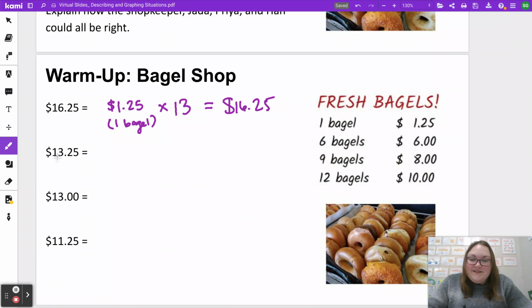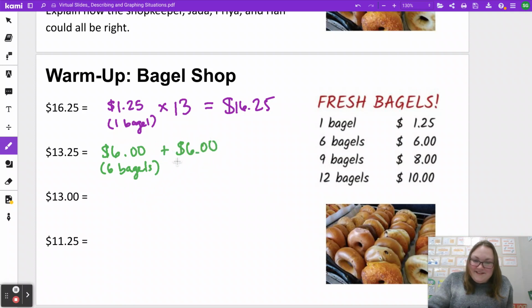But our second person who got $13.25, they did something differently. Instead of just using one bagel, they used those bags of 6 bagels. And so they said, if you want 13 bagels, you could get a bag of 6 bagels for $6. You can get another bag for $6.